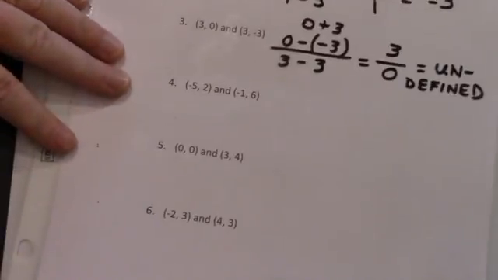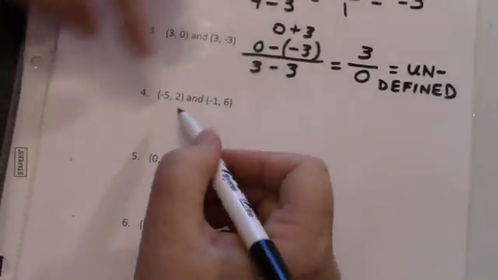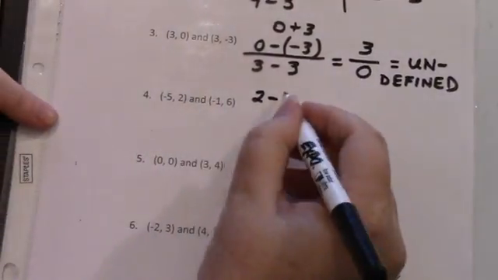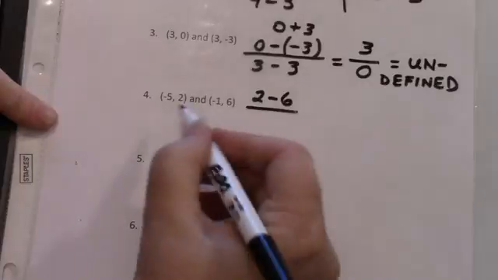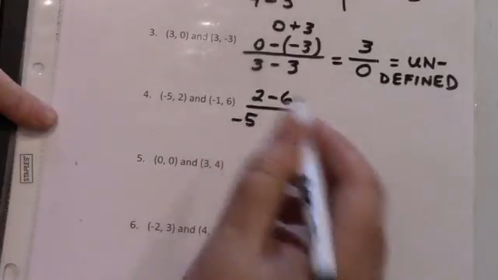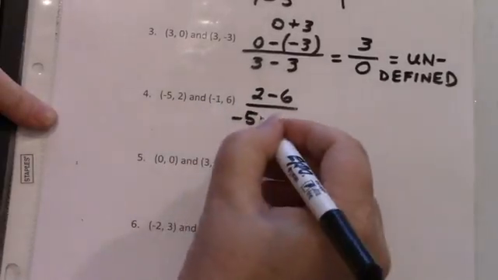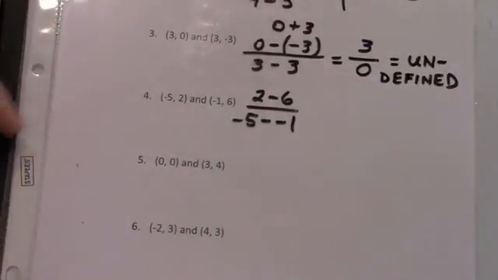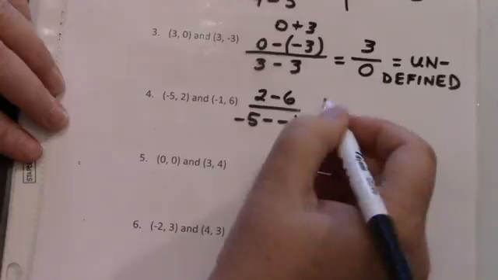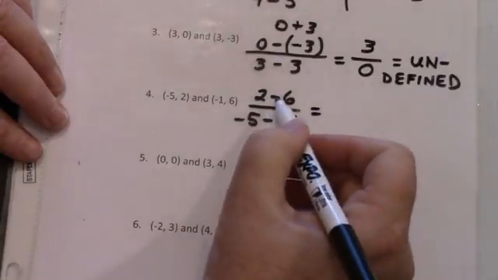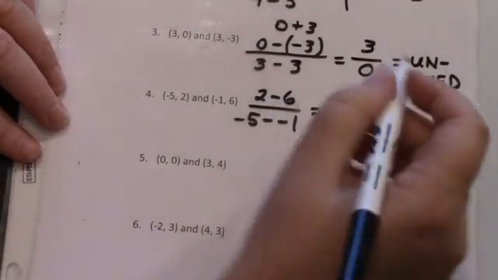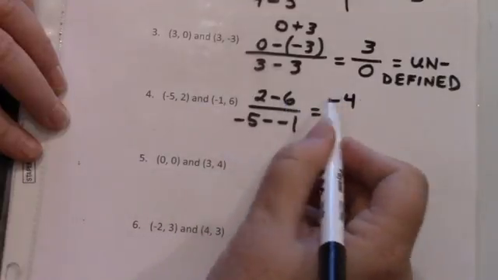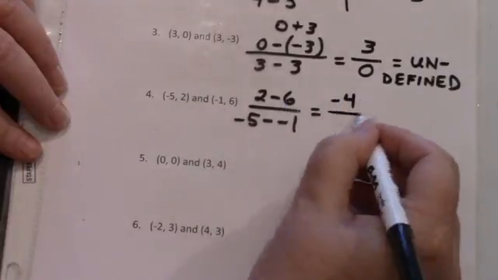Let's take a look at number 4. Let's look at our y values. 2 minus 6 and negative 5 minus negative 1. Here we ended up with those two negatives again, right? Well, let's look at what our numerator is first. 2 minus 6, the difference between 2 and 6 is 4, and we're taking away more than we started with, so we end up with negative 4.